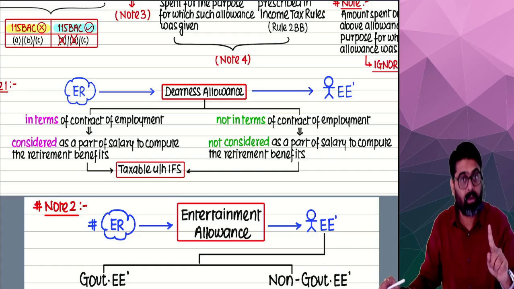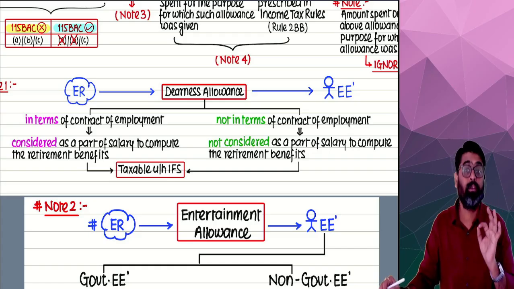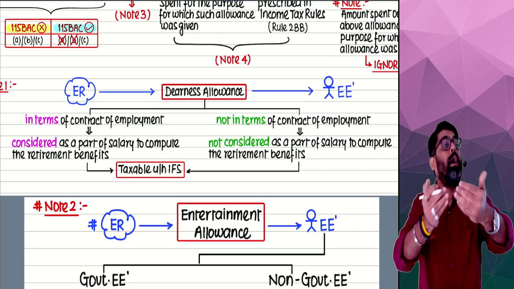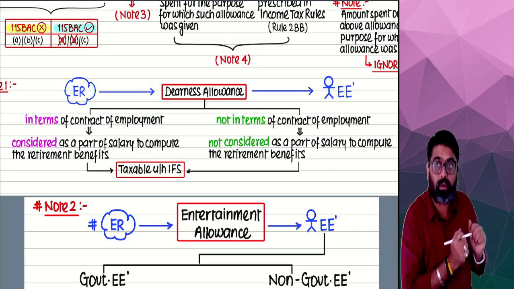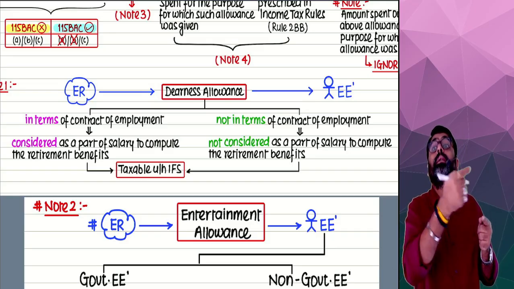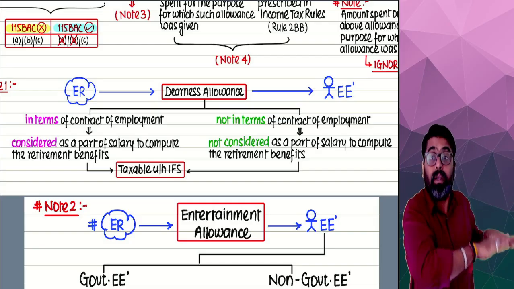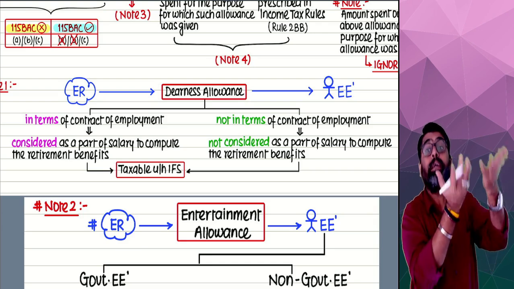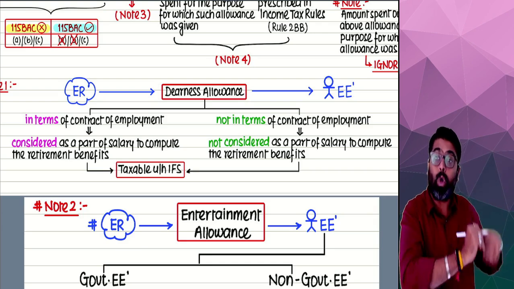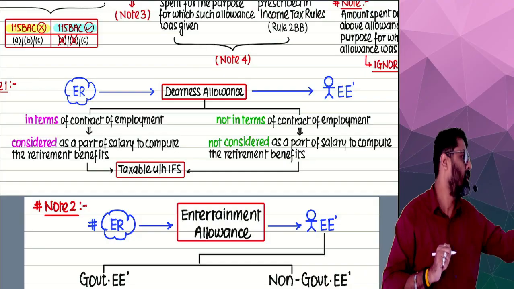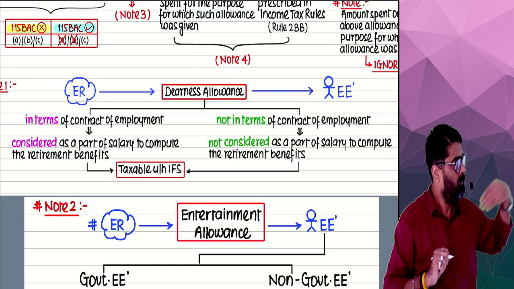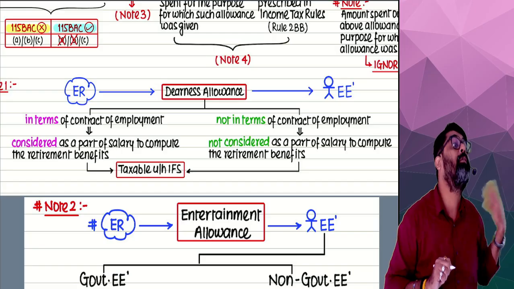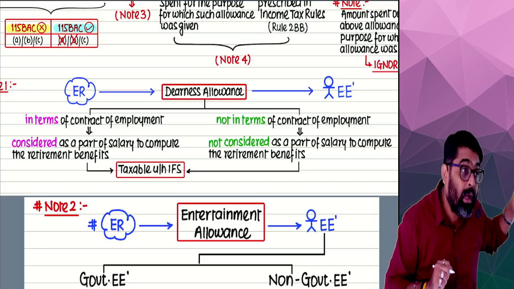In that employment contract, if DA is written and that DA is given, then DA is given as per the terms of employment contract. Was the DA written in employment terms? Yes. So that is known as DA in terms of employment contract. In the contract, we have written your salary and also your DA.